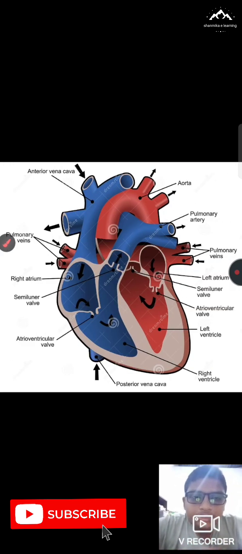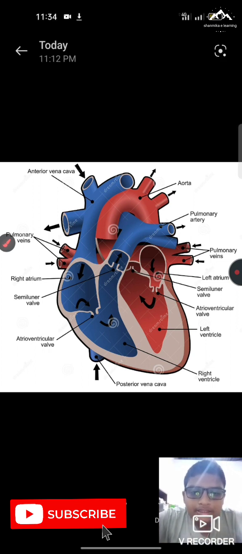I will show you a cross section also. So you can see this left ventricle, and you can see this blue color side. Bottom part is right ventricle, upper part is right atrium, and on the other side, the red color part, upper part is the left atrium.